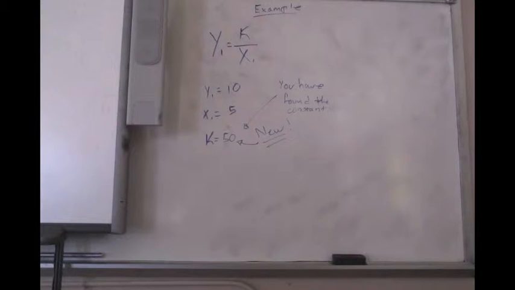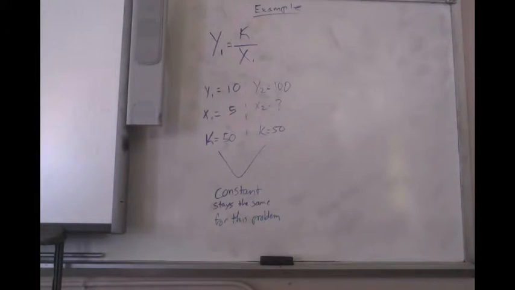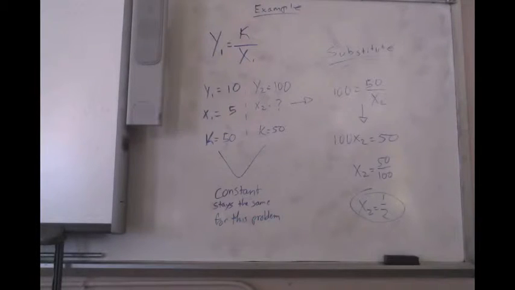Now that you have a constant, some other information is given to you, that is y base 2 equals 100, and now you're trying to find x base 2. So the way you find x base 2 is basically you do the same: you substitute for the y, and instead of substituting the x, which you don't have, you would have to substitute in the constant, which is 50.